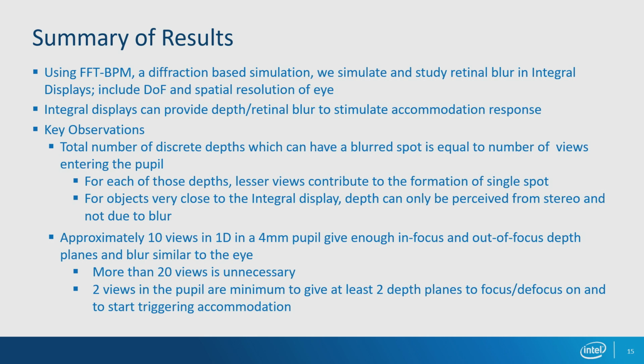And the last one is that for a 4 mm pupil size in one dimension, 10 views are roughly good enough to mimic a real world scenario. 20 views is definitely unnecessary. 2 views is the minimum, because it gives you 2 depth planes to focus on and defocus on to start triggering an accommodation-like response. So with that, I'll end.